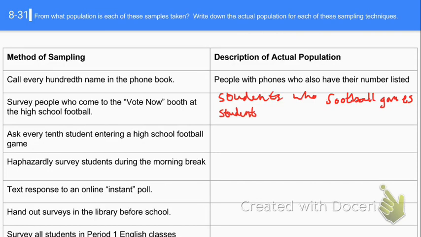But these are kids who are very active in school activities. But not all students are going to be that into it, and so we would not get them inside of this survey.